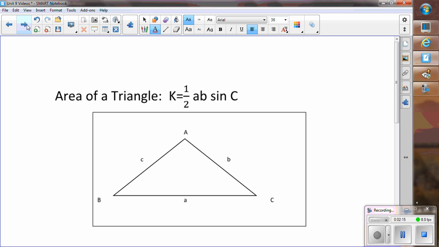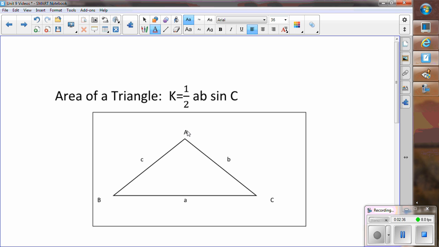Now, let me just point out how we reference a triangle just so that you're all clear. We are always labeling our angles by capital letters. So capital letter A represents this angle. Capital letter B represents this angle. Capital letter C represents this angle.